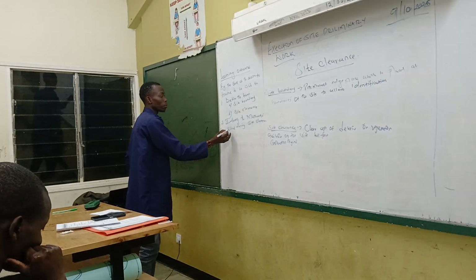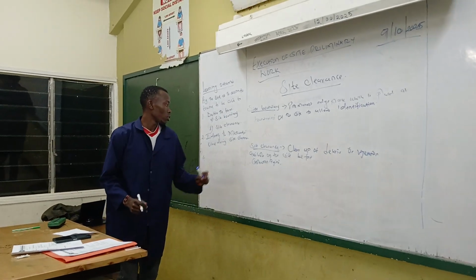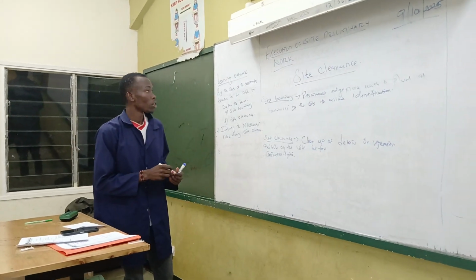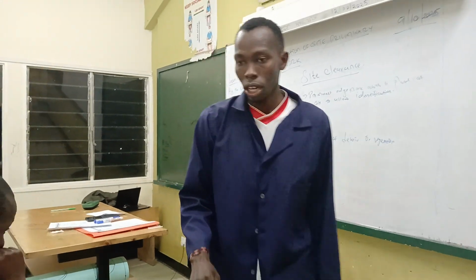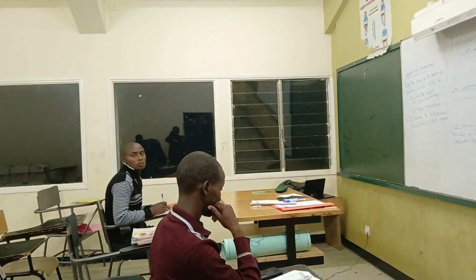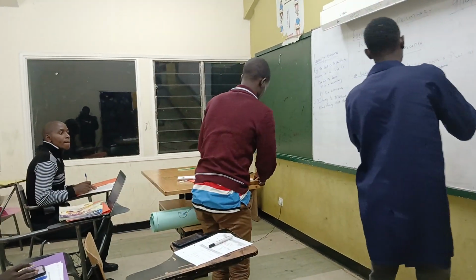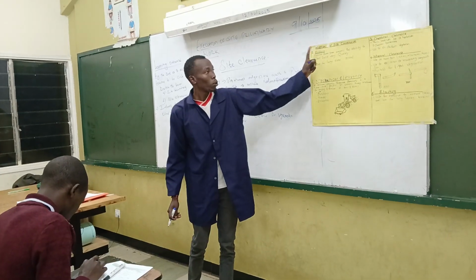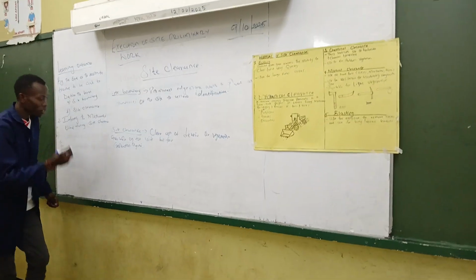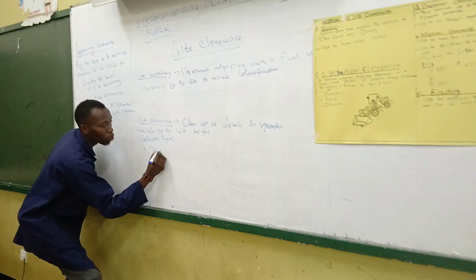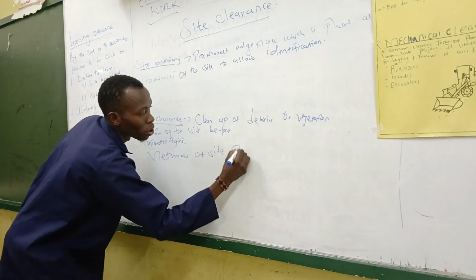The next is to identify the methods used during site clearance, and for this I have a chart to enable you to confirm it. Before we confirm our methods of clearance, we just have to note down these methods of site clearance.